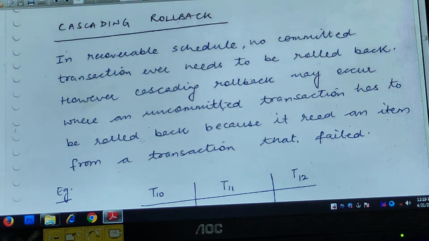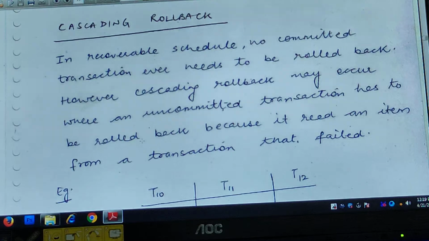Suppose we have three transactions. Transaction T3 is dependent on T2, and transaction T2 is dependent on T1. T2 is reading a value written by T1, and T3 is reading a value written by T2.